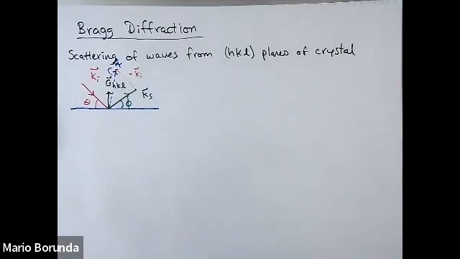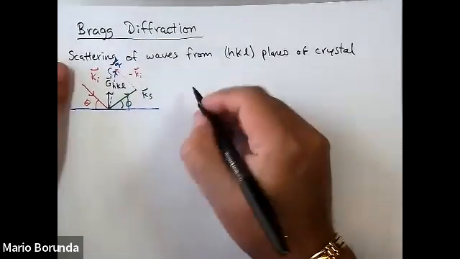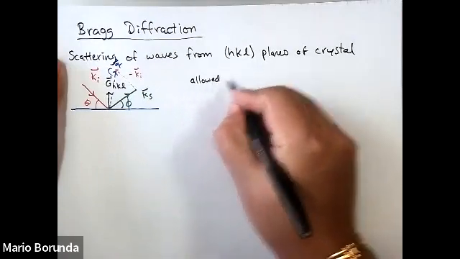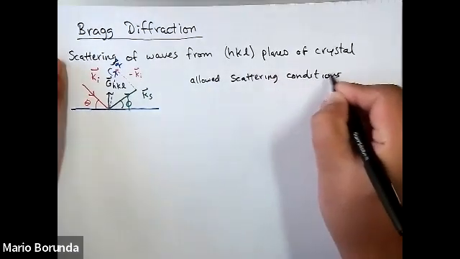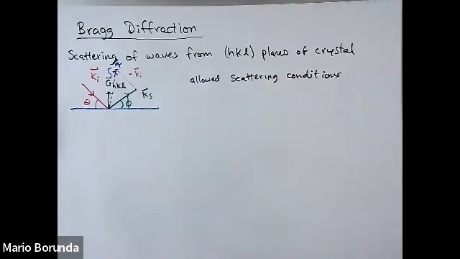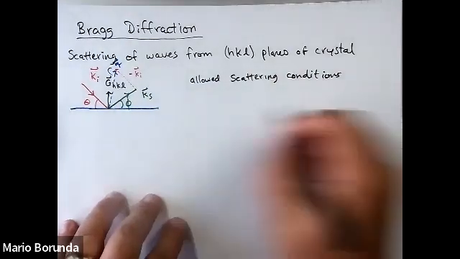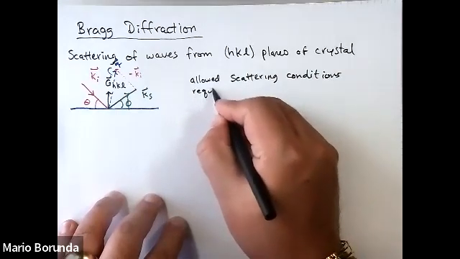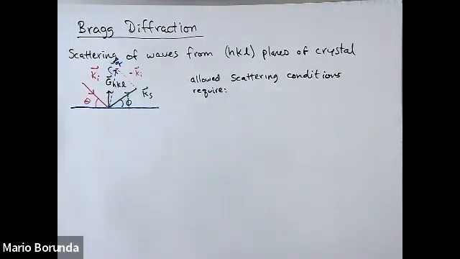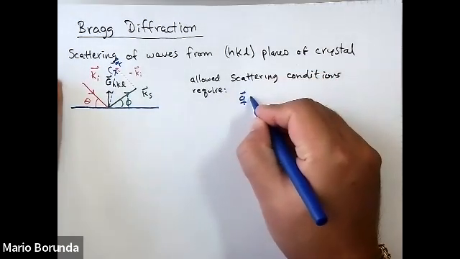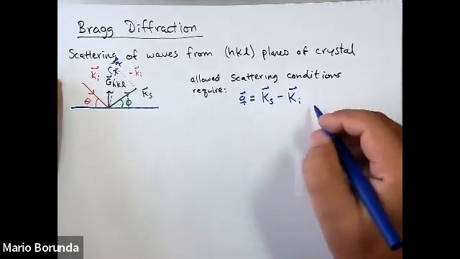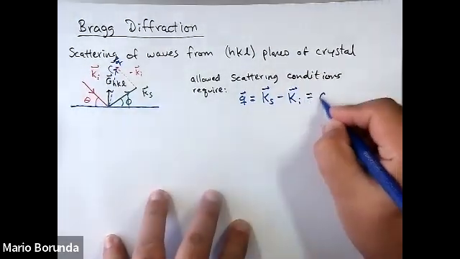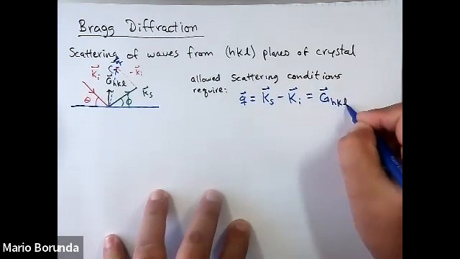So we have the allowed scattering conditions. This is from before, right? This is Laue. This requires that the scattered wave vector q be Ks minus Ki, and that has to be exactly the same as this G HKL for that plane.